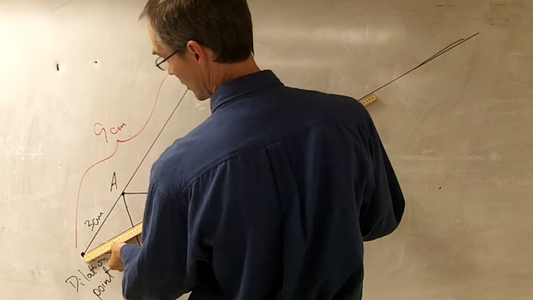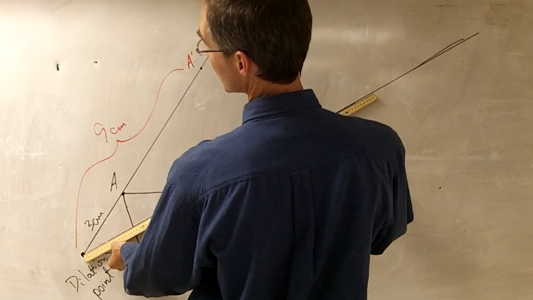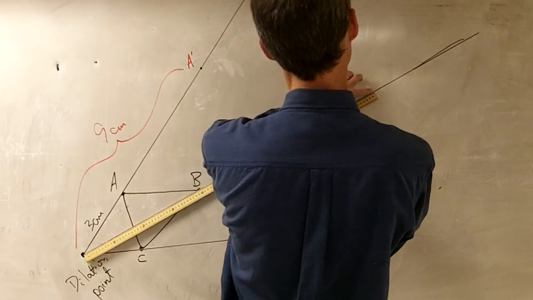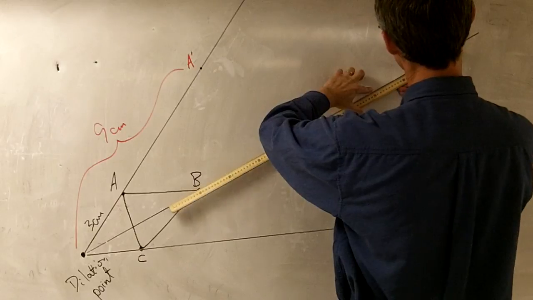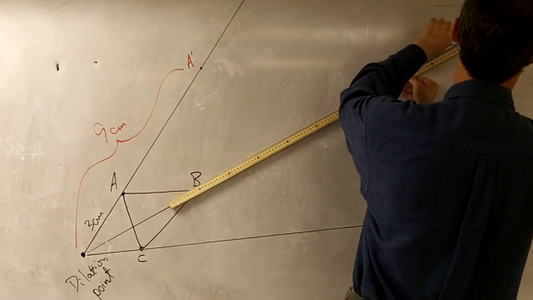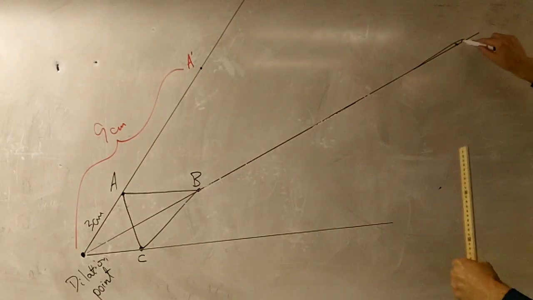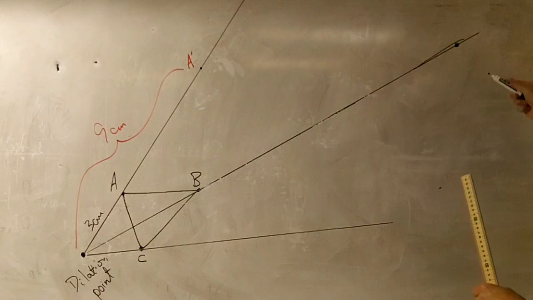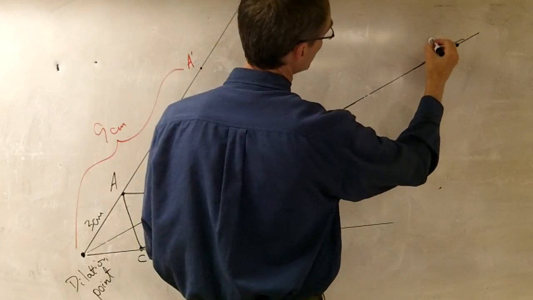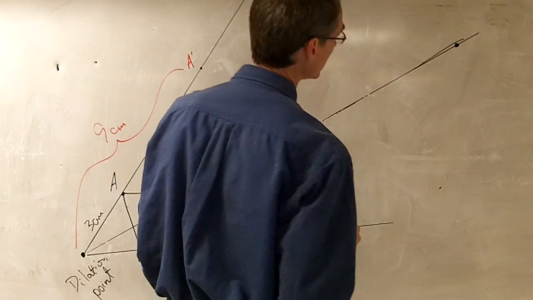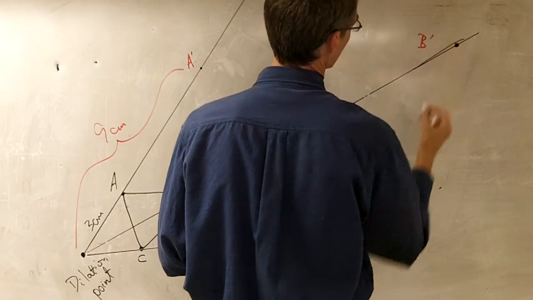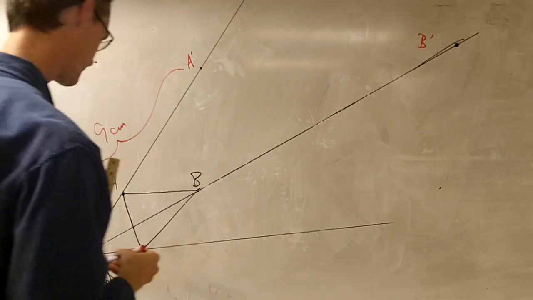So let's see, on mine, it is going to be this point up here. Do that in red. Here's my B prime point.